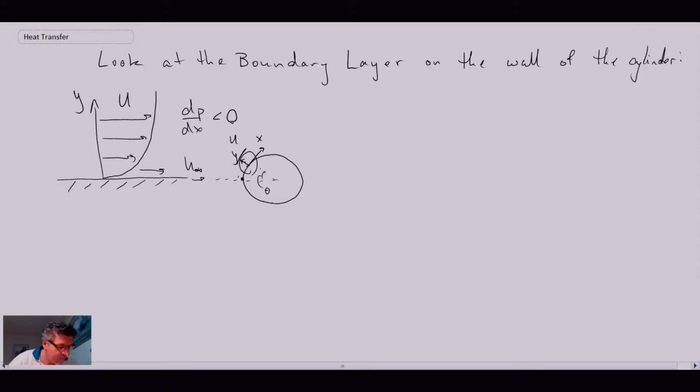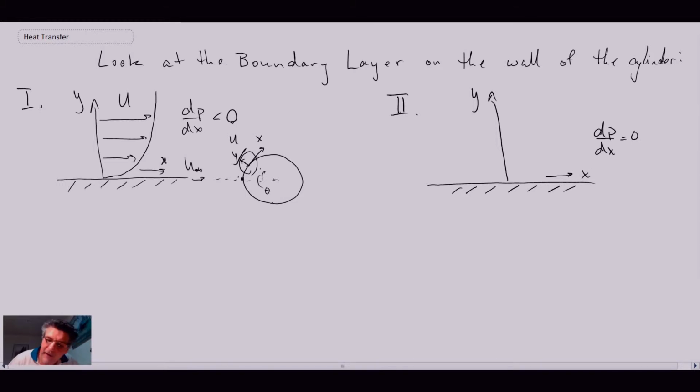Now, if we go further along, we'll get to a region, we'll call this region 1. This here would be region 2. And again, I'm going to draw a section of the wall, normal. Now, we're going to get to a location where dP by dx is equal to 0, and x is the direction here.